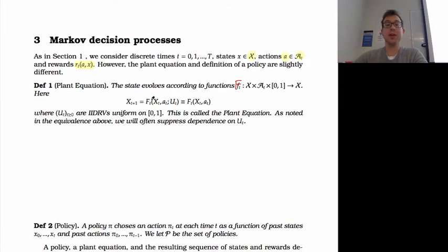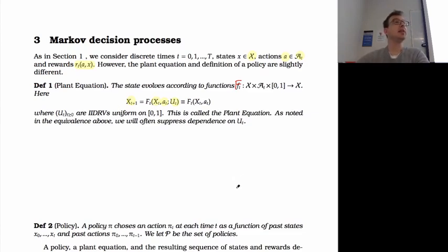So the next state that I end up at, x of t plus 1, is a function of my current state and the action that I take, just like before for the dynamic program. But like the Markov chain, there's some dice throw, or uniform 0, 1 random variable, that determines my next state.